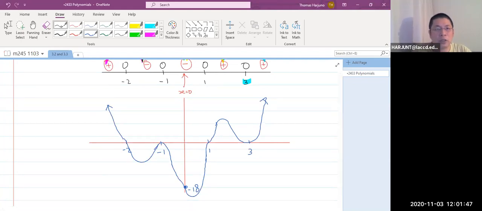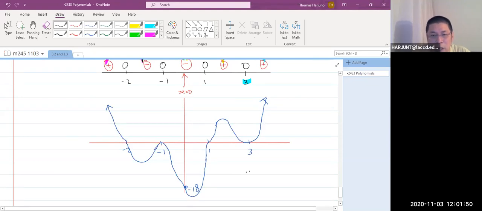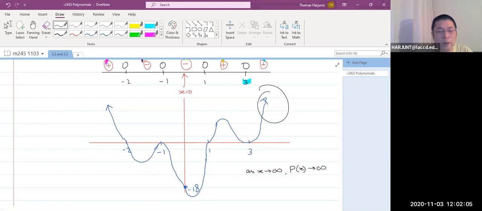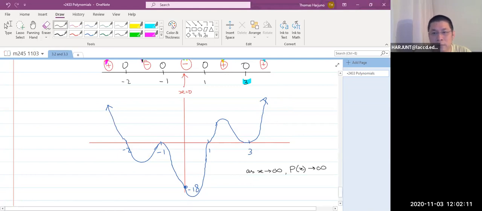Notice that from here we see that as x goes to infinity, the polynomial actually goes to infinity. When you go very far to the right, it goes to infinity. And as x goes to negative infinity, when you go very, very far to the left, the value actually increases to infinity as well.